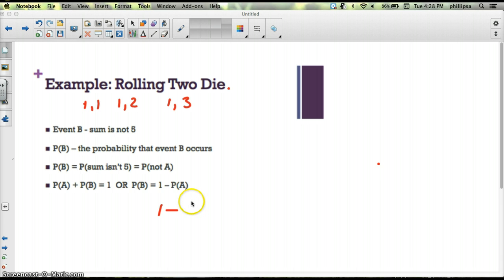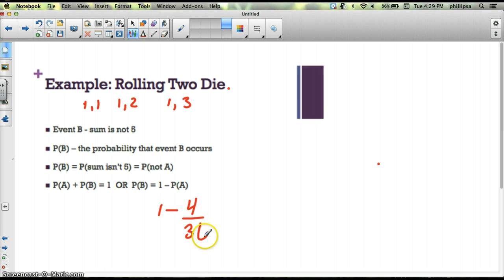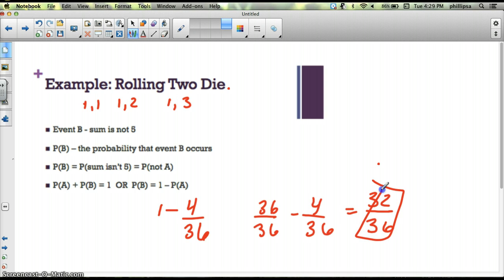So the probability that it would occur, which we did on the last slide, was 4 over 36, that it would be a sum of 5. This is easy enough to do. So we're going to do 36 over 36 minus 4 over 36, which is 32 over 36, that the two dice will not be a sum of 5.